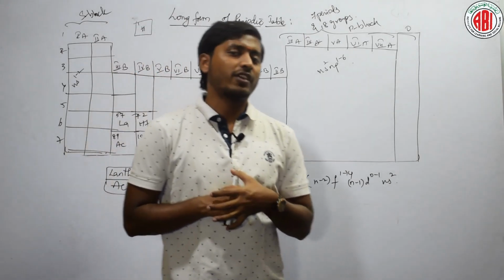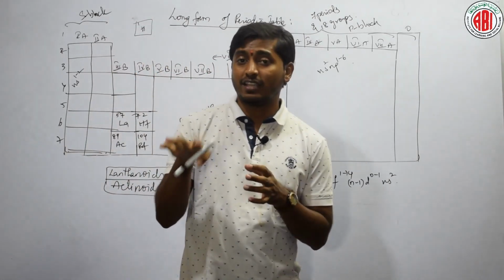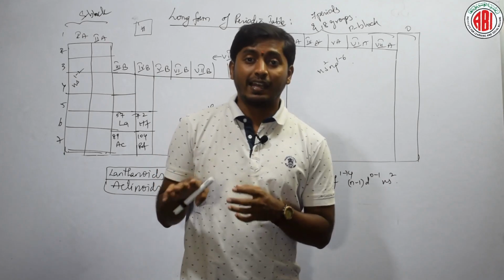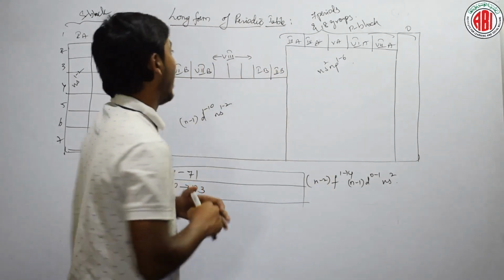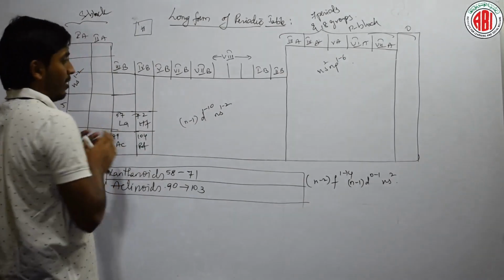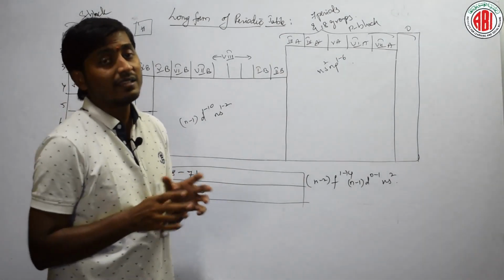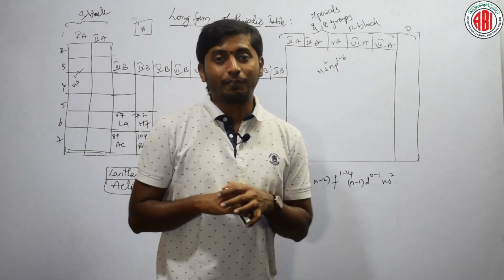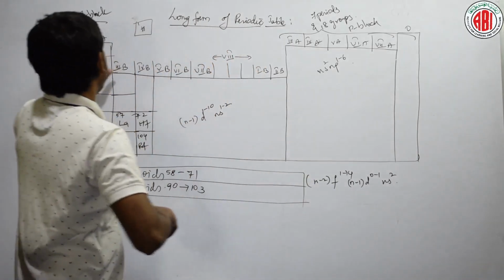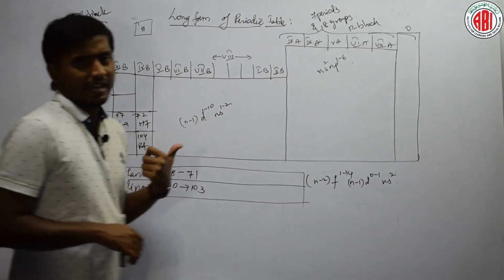What is the electron configuration of sodium? 1s2 2s2 2p6 and 3s1, which has the valence electron in the s orbital. Such elements are placed in s block, or else we can simply conclude it as the elements whose valence electrons are in an s orbital, right. Those elements are placed in s block, right.